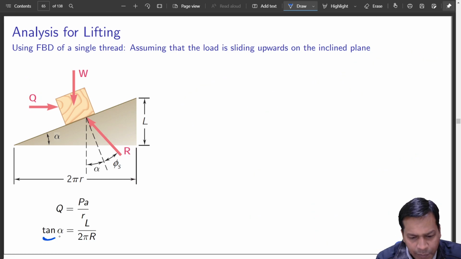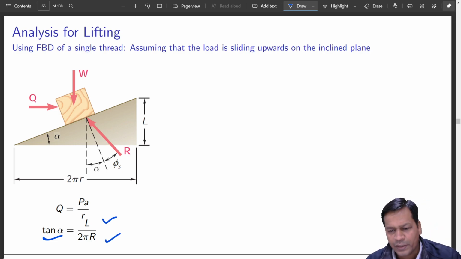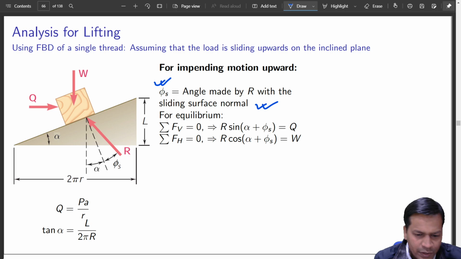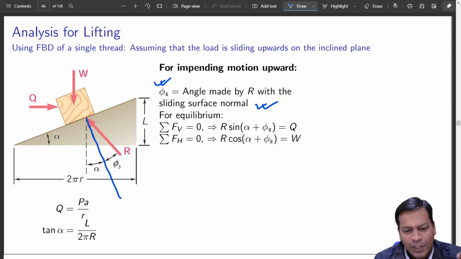So tan alpha will be equal to L by 2 pi r. This is quite trivial. We'll move ahead. So alpha is the angle made by the thread, and psi s is the angle made by R with the sliding surface normal. This is quite okay. This is your normal, right? And you are trying to lift it up.